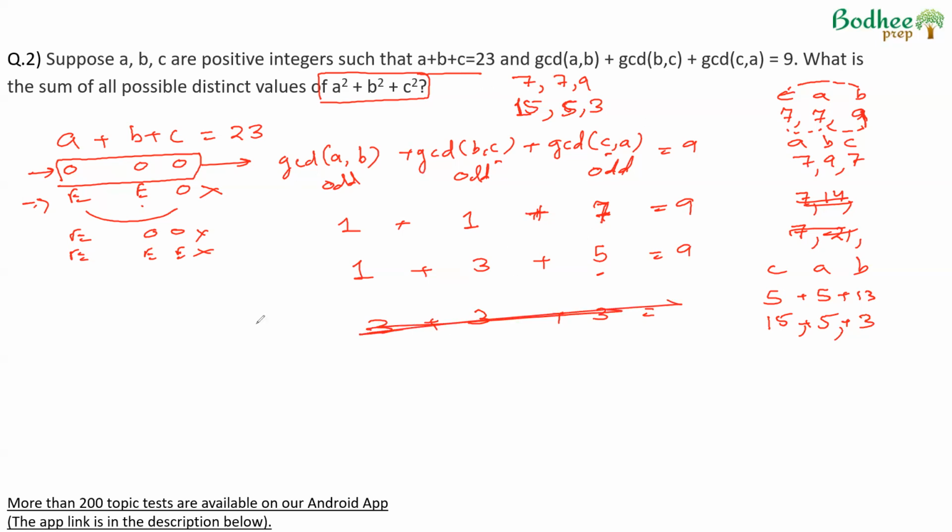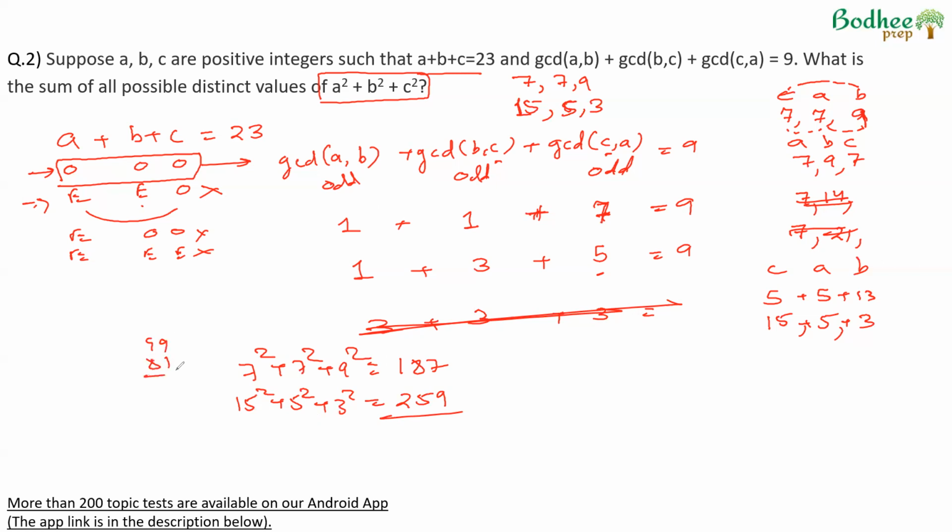So we are getting two cases. In the first case, A square plus B square plus C square will be 7 square plus 7 square plus 9 square, 49, 49, 98, 98 plus 81. Sorry, 98 plus 81 is 179, not 187. Next is 15 square plus 5 square plus 3 square. 225 plus 25, 250 plus 9, 259.